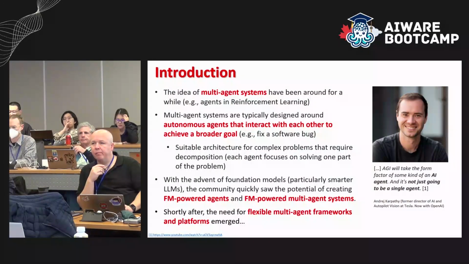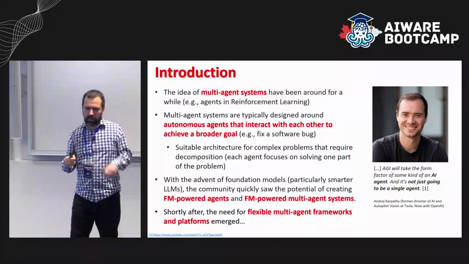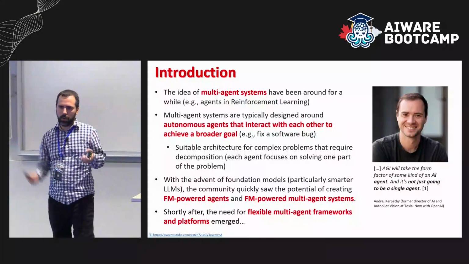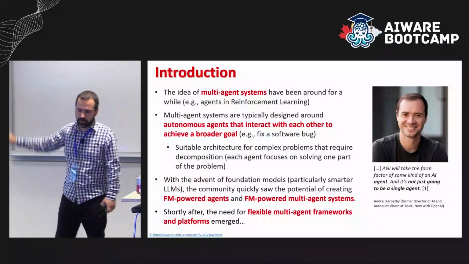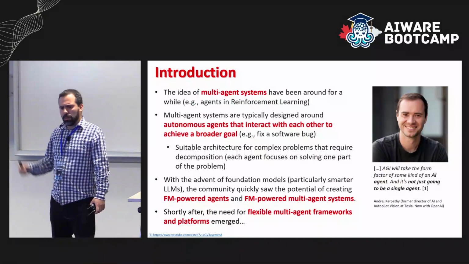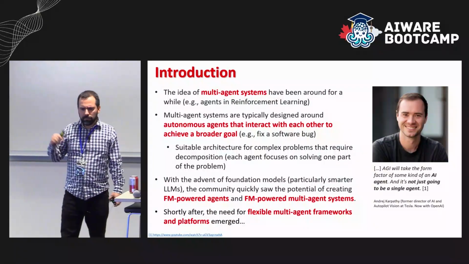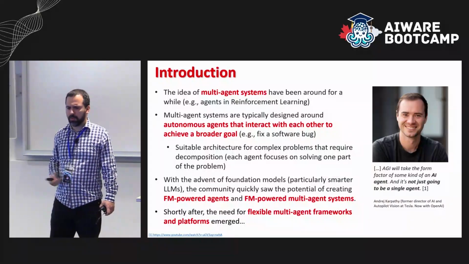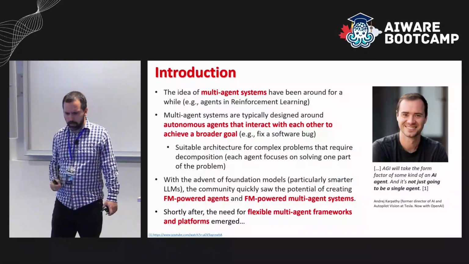So the idea is basically you have these multi-agent systems, and they're designed around these autonomous agents, right? That interact with each other to achieve some broader goal, right? So that's the definition that I'll be sticking to. Usually we use this type of architecture when we have complex problems that we're trying to solve, right? That require decomposition.